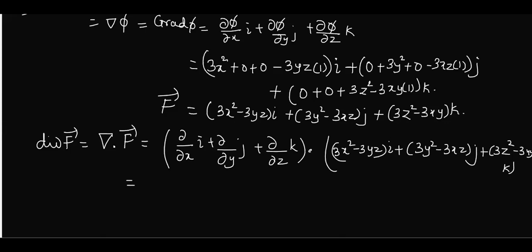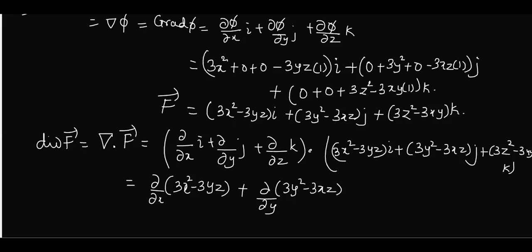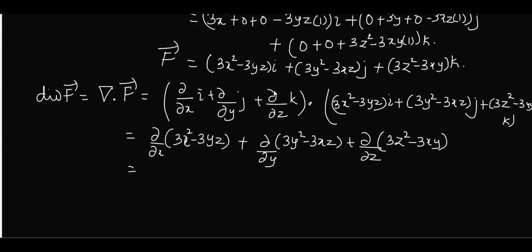Now see, this is dou by dou x operating on the coefficient of i, 3x square minus 3yz. i dot i is 1. Next, multiply the corresponding j coefficient: dou by dou y operating on 3y square minus 3xz. Similarly, dou by dou z operating on 3z square minus 3xy. This is like the derivative of the bracket with respect to x.